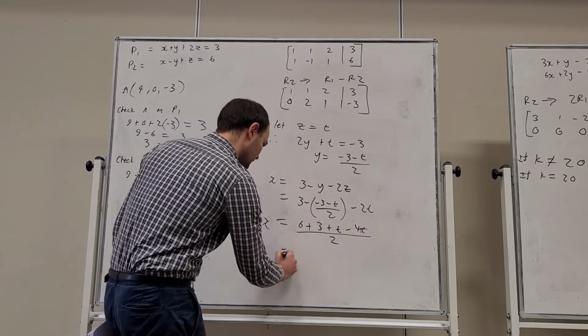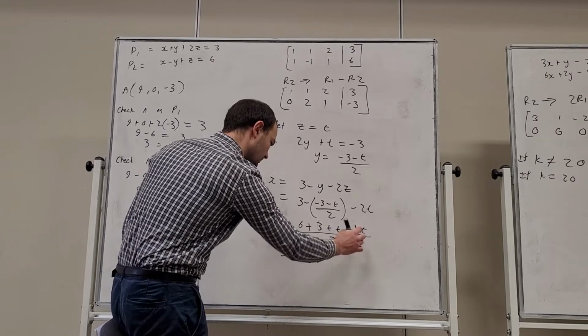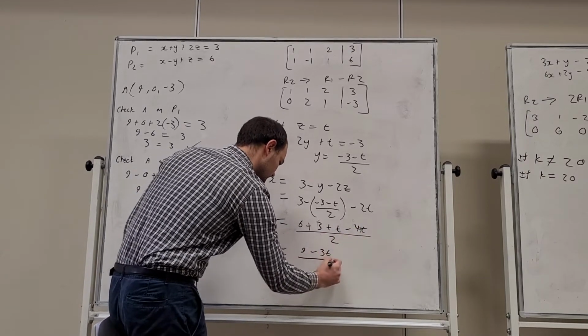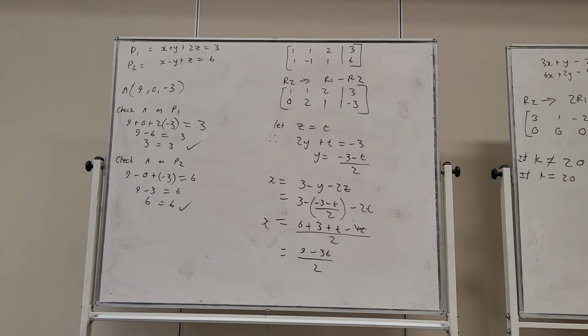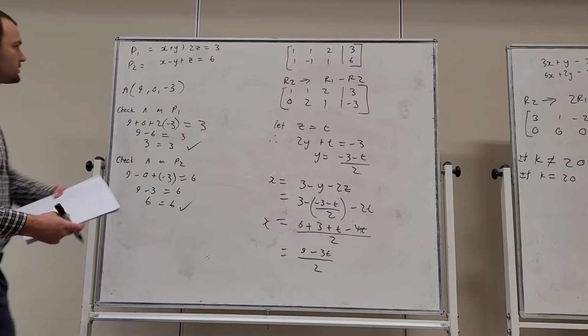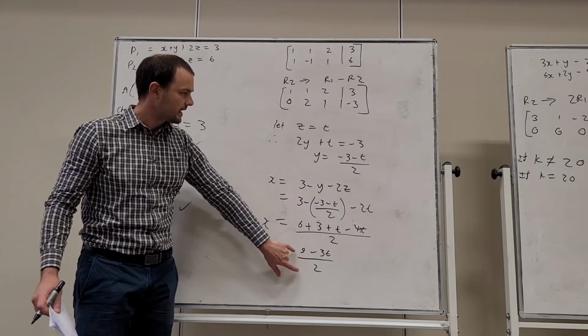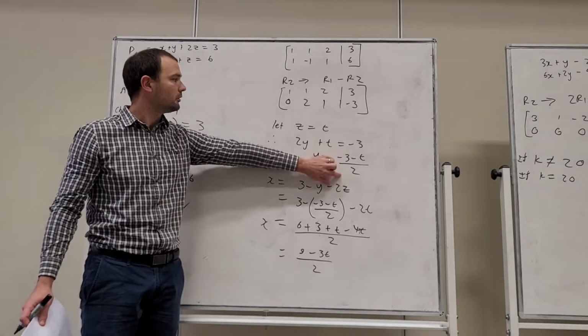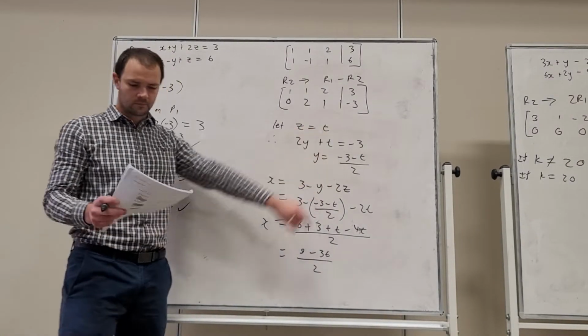Collect that, you get 9 minus 3t on 2. Cool. All right, so the equation of the line where these two planes meet has this x value, it has this y value, and it has this z value.